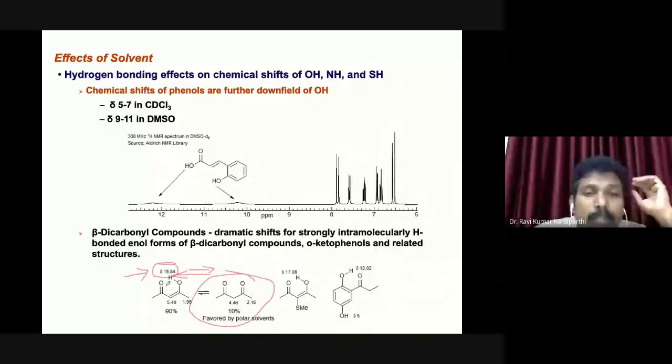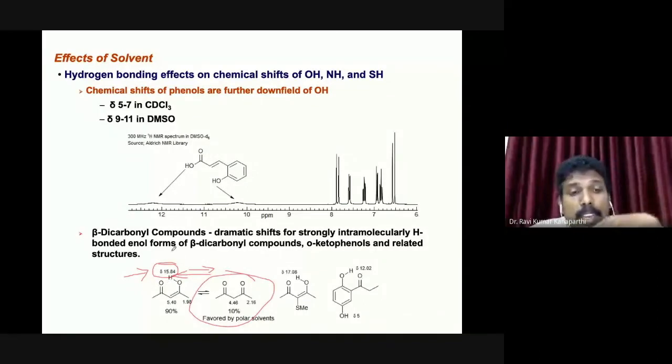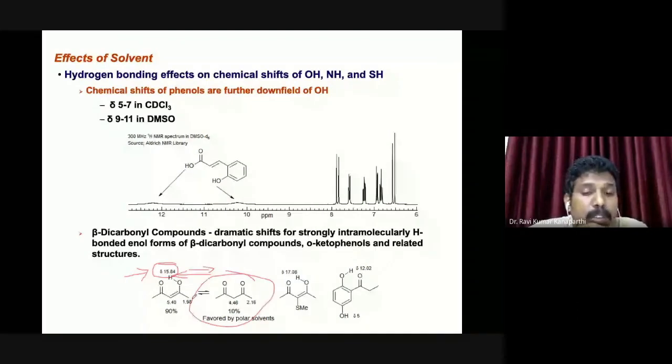So whenever you come across dicarbonyl compounds where there is a possibility of keto-enol tautomerism, the chemical shift values will be seen very high. This is primarily because of the hydrogen bonding between these two; intramolecular hydrogen bonding is primarily responsible for that.